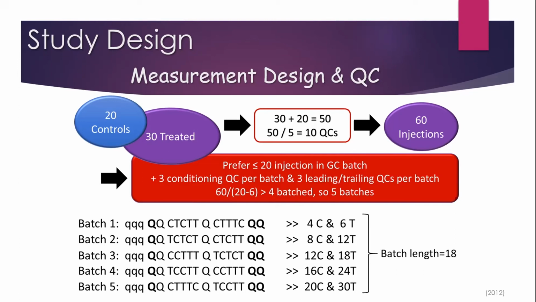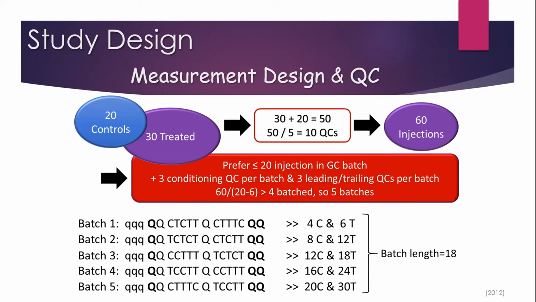Then in terms of the experimental design, in this example, we've got 20 controls and 30 treated samples. So our SOP says no more than 20 runs per batch. It's about 60 minutes a run, so a little bit over. So we don't want to exceed 24 hours. That's been a problem in the past. So we need to spread the samples in a random but representative manner across the slots.